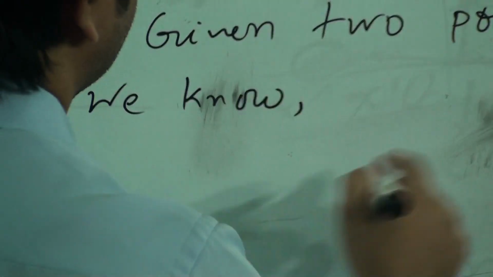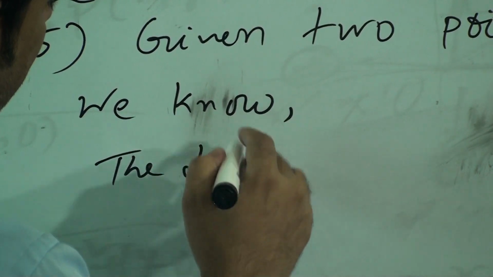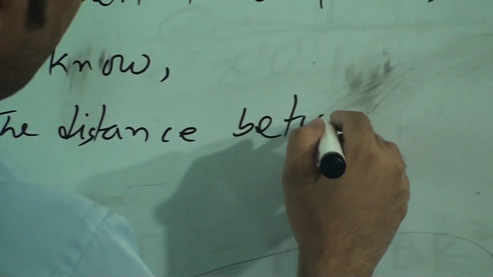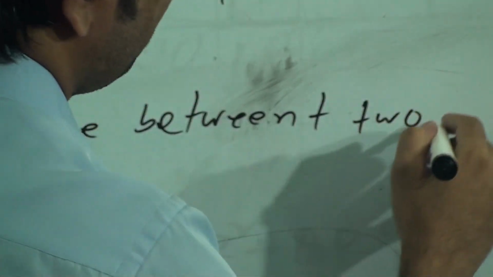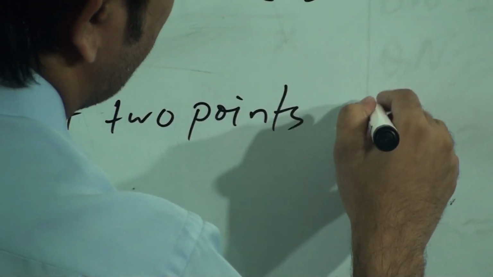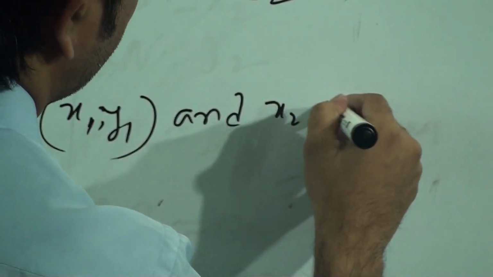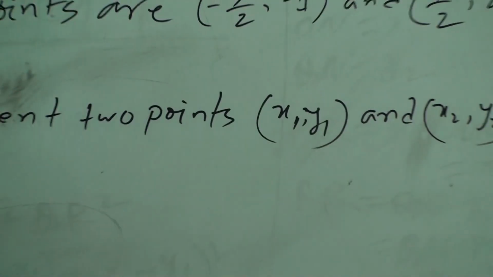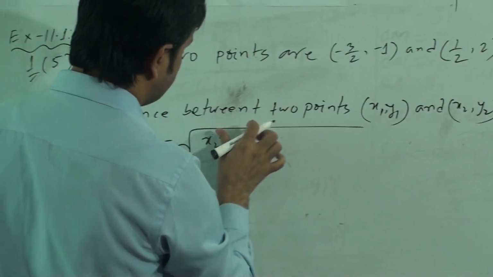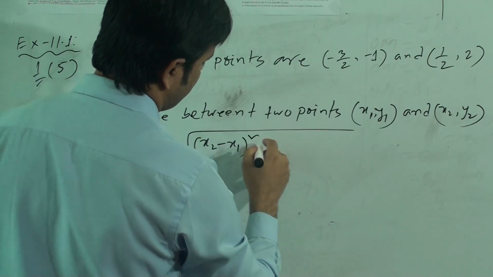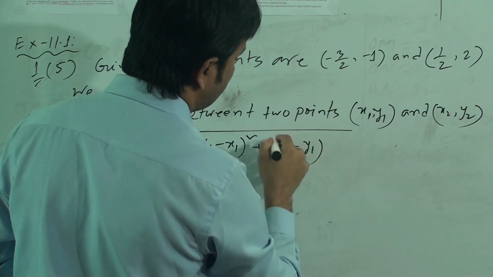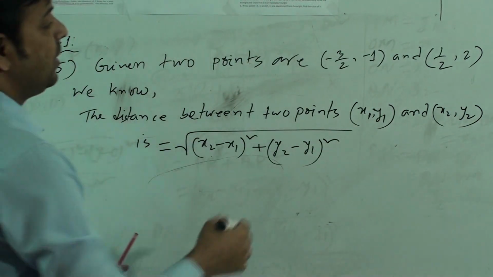Now to determine the distance we know the distance between 2 points (x1, y1) and (x2, y2) is equal to the square root of x2 minus x1 whole square plus y2 minus y1 whole square. Therefore we can determine the distance between these 2 points.